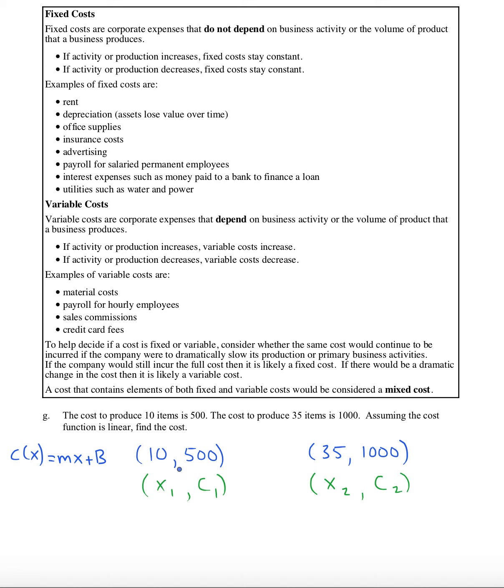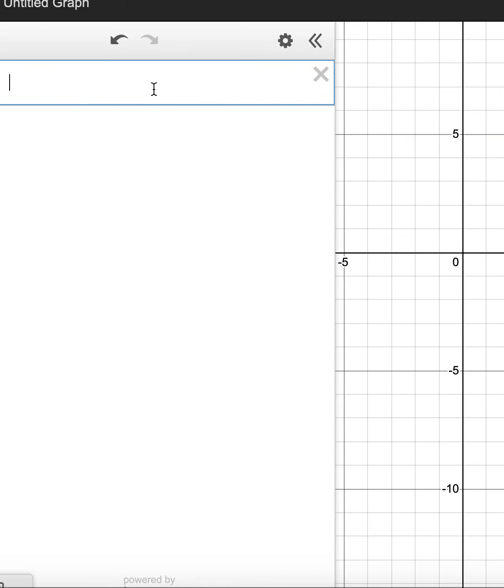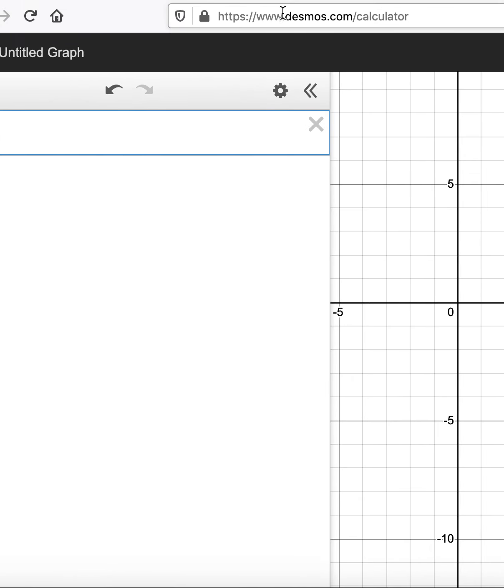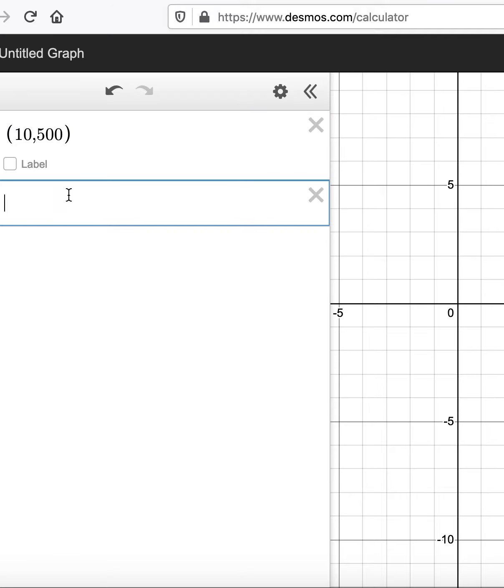So 10 items cost 500. 35 items cost 1,000. Can we find the linear function that goes through these 2 points? Now if you go to Desmos, you can actually, on desmos.com here, type in those points. 10, 500, and 35, 1,000.